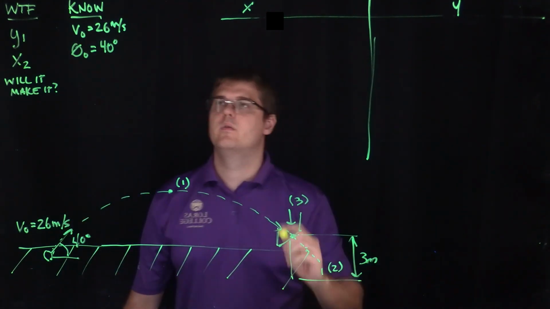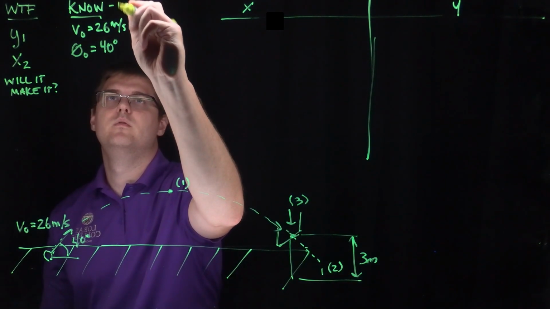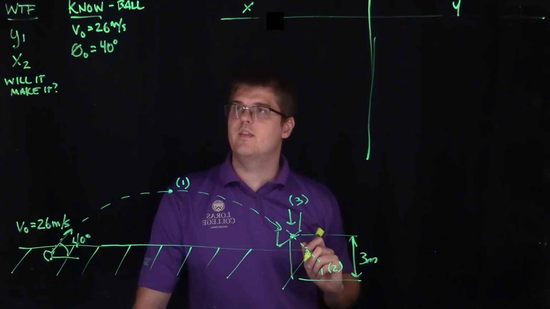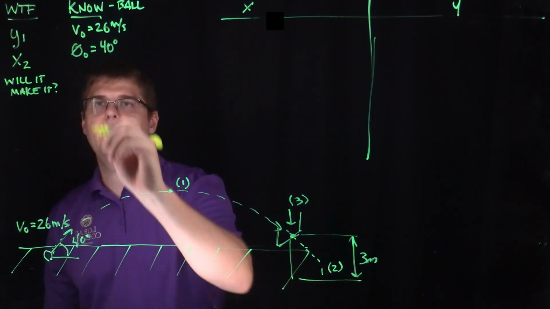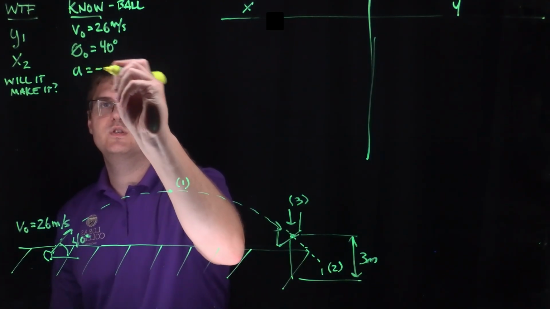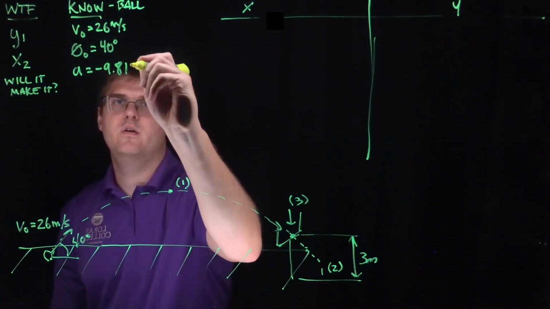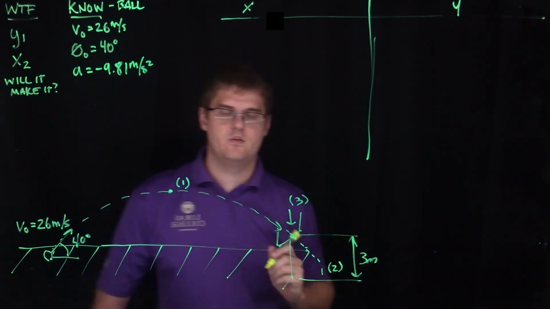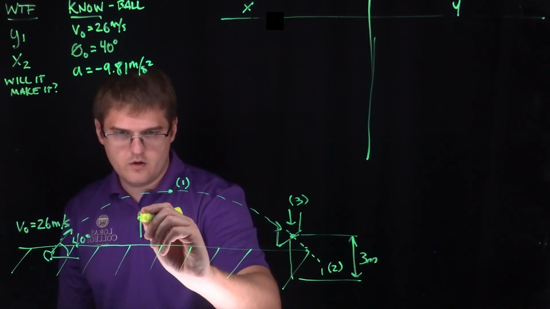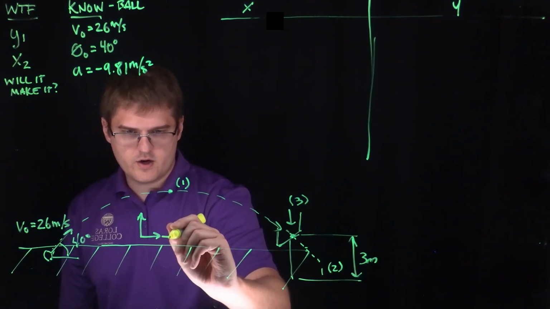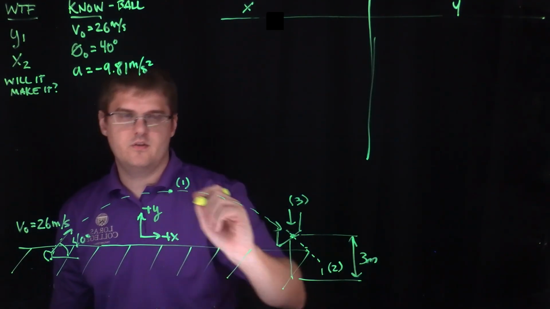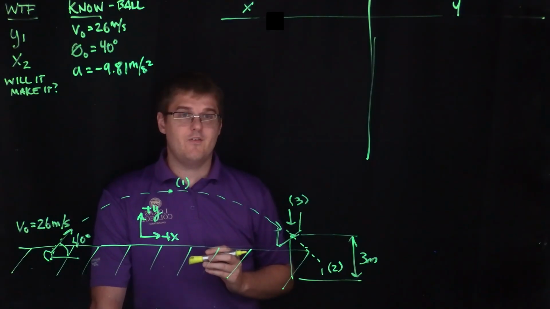This is what I know about the ball, because that's what's moving. The other piece I know is that acceleration is just that of gravity, which is negative 9.81 meters per second squared. The reason I'm putting negative is I'm going to call this direction positive x, because that's downfield, and up is going to be positive y, because it's really nice to have up being positive. It gets confusing otherwise.